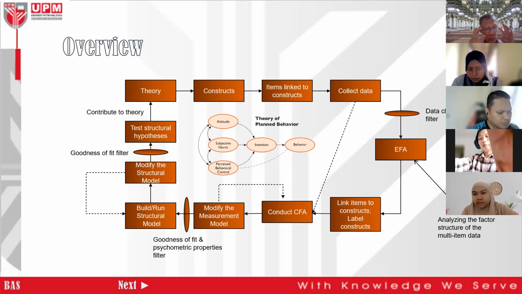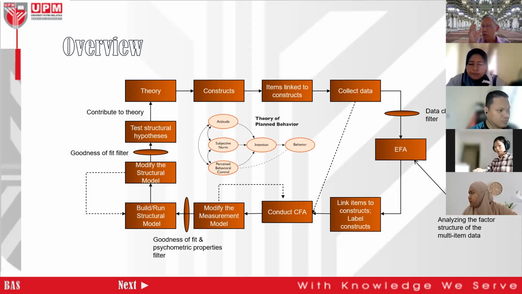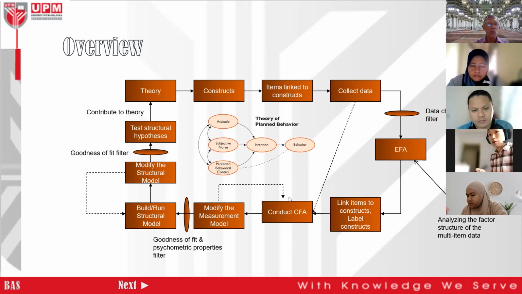Okay, so that means you have your structural model. In that structural model, only then do we run the analysis to answer whatever objective you have in your study. Except if your study is to develop an instrument, then these two stages will be the gist of your data analysis. There is no need to proceed to the structural model. We just stop at the measurement model because we just want to develop an instrument.